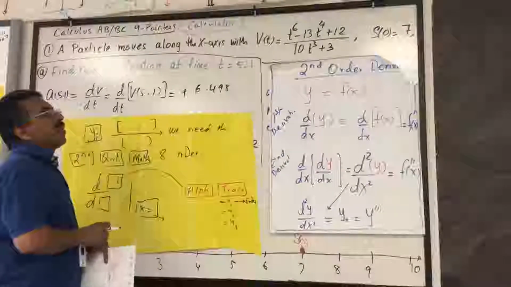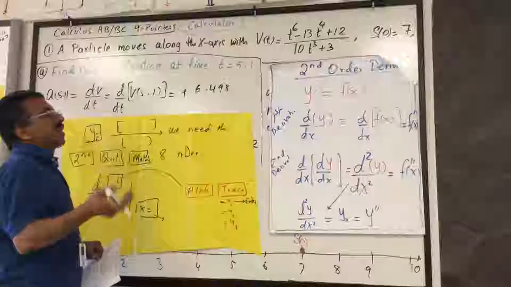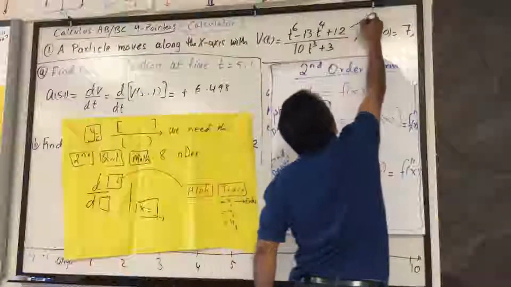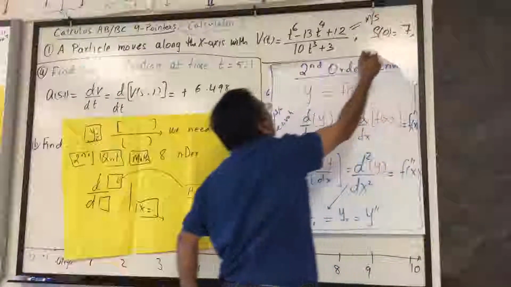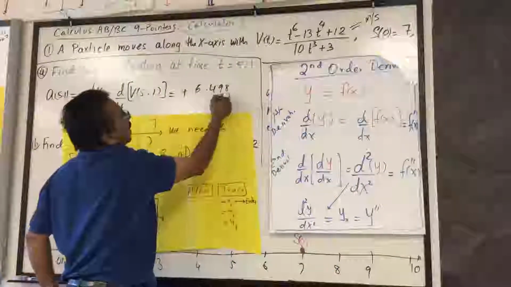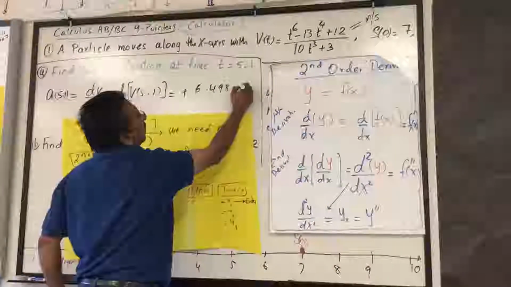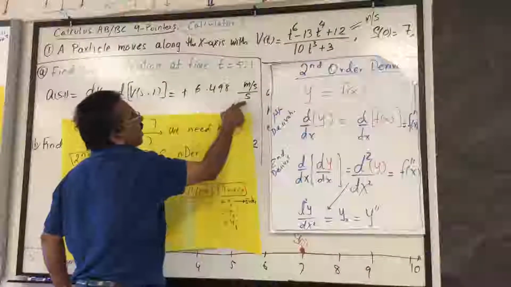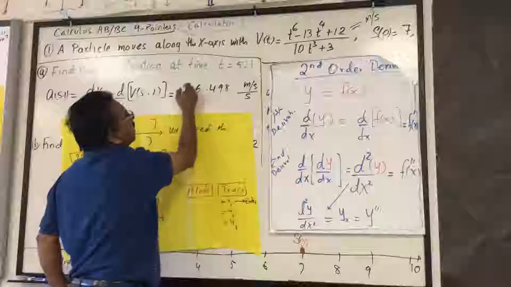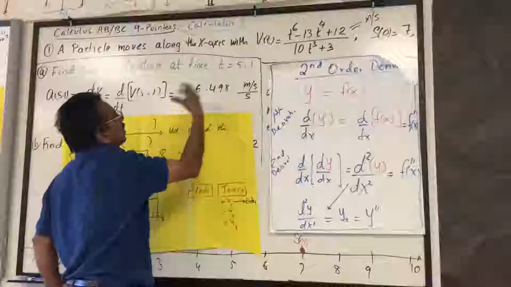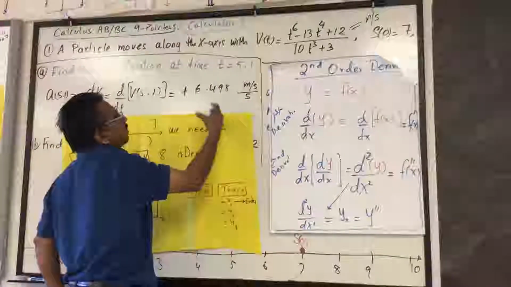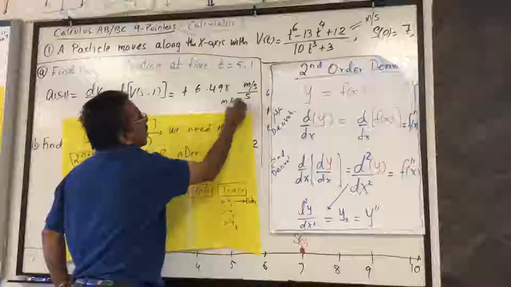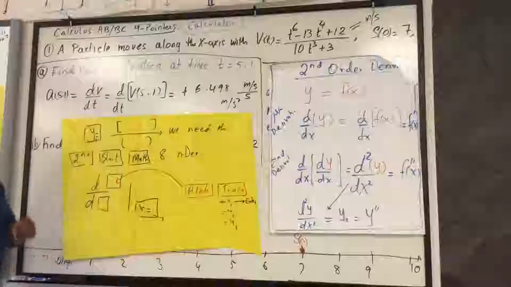Let's imagine the velocity is in meters per second, then the acceleration will be in meters per second squared. So for every second there's an increase, can you see the plus sign, so the velocity is being added by 6.4, which is meters per second squared. So that takes care of the first question.